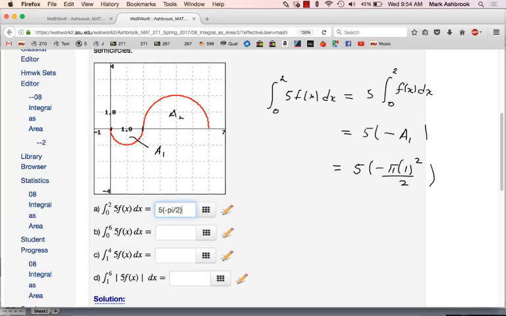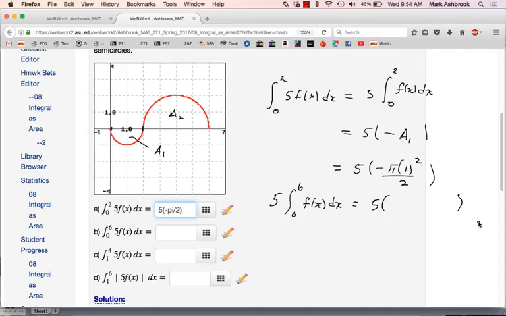Okay, 0 to 6, which would be this whole thing, all the way from here to here. How could we express that in terms of A1 and A2? Again, we'll just pull the 5 out. I want to write that as 5 times what in terms of A1 and A2? Okay, he's offering up A2 minus A1.